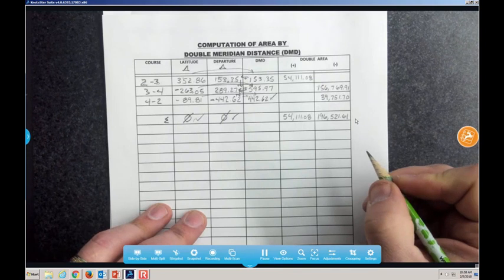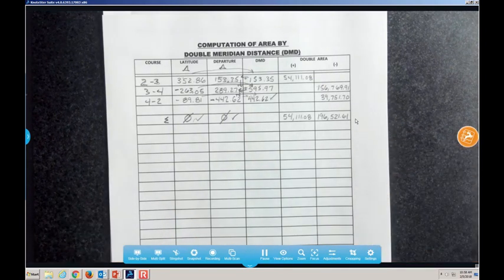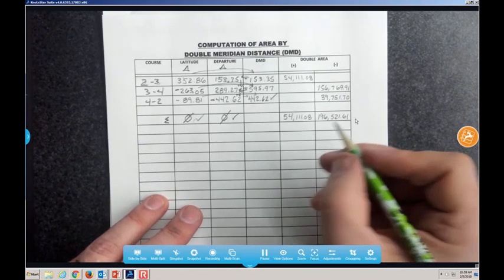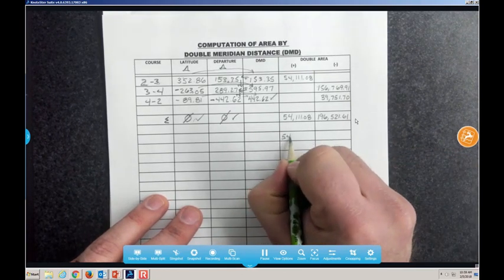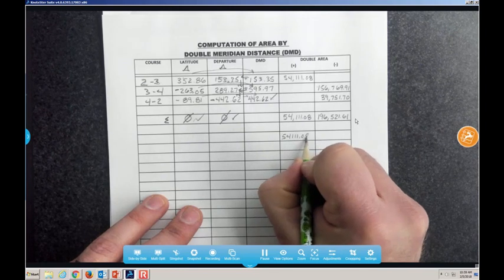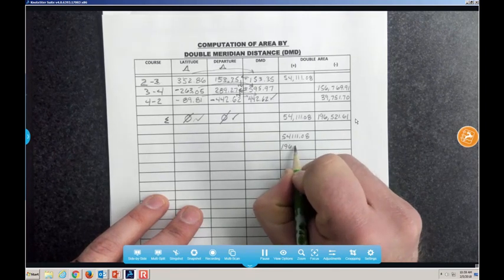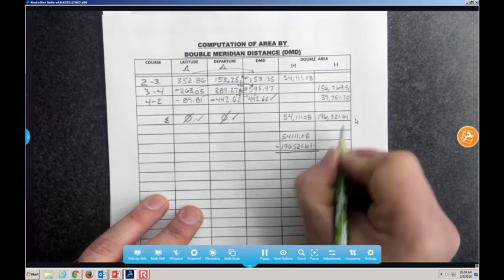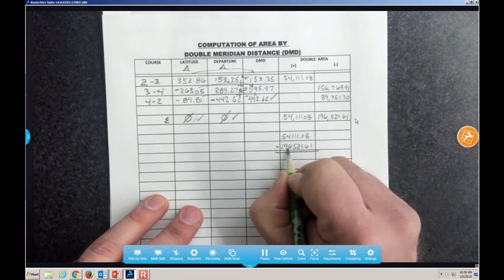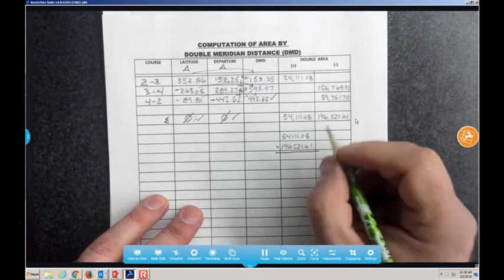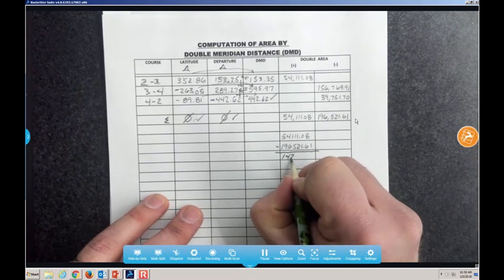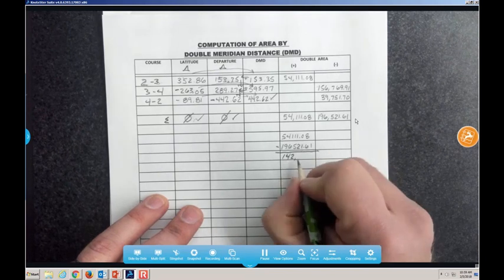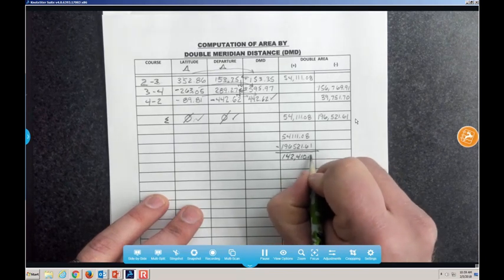Okay. So now what do we do with these? We want to add them together. So if I take 54,111.08 and 196,521.61, I'm going to subtract them because this is a negative. So I brought down the negative here. So we're going to sum them together, and I get 142,410.53.